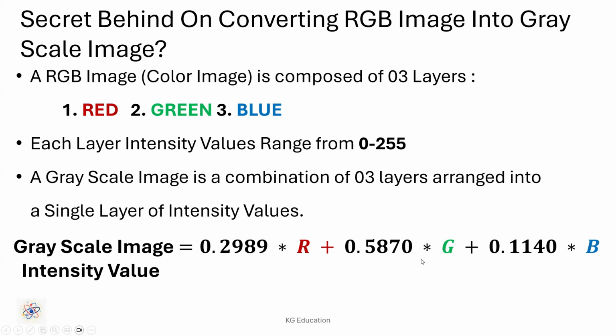This will calculate the expected intensity value of the grayscale image for a particular pixel point. With that, we can obtain a single layer of intensity values which is equivalent to the grayscale image intensity values.